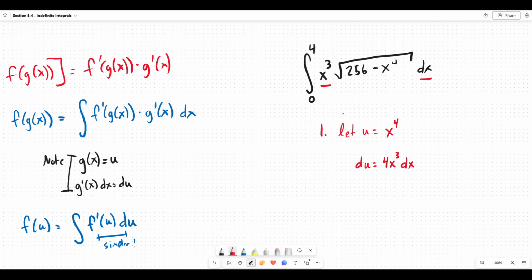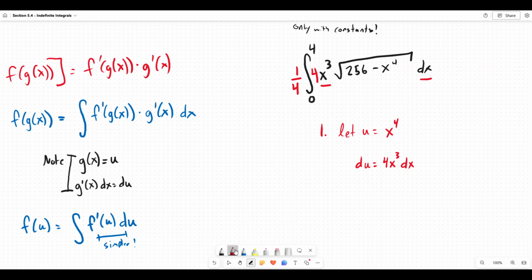But luckily, because 4 is a constant, I can put a 4 inside it as long as I put a 1/4 outside it. And you're free to do this specifically only with constant numbers. Okay? Don't try to do this with x's.